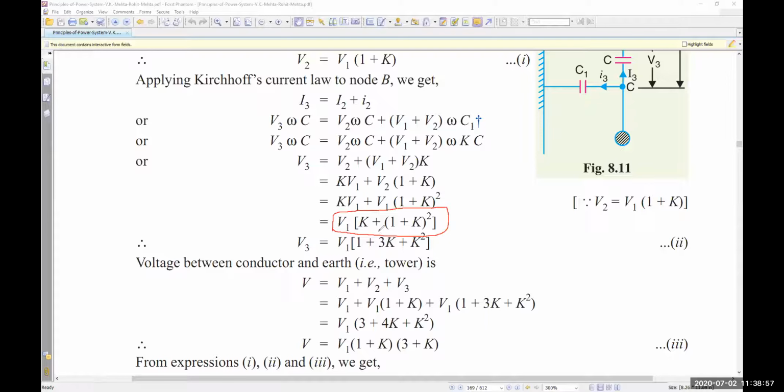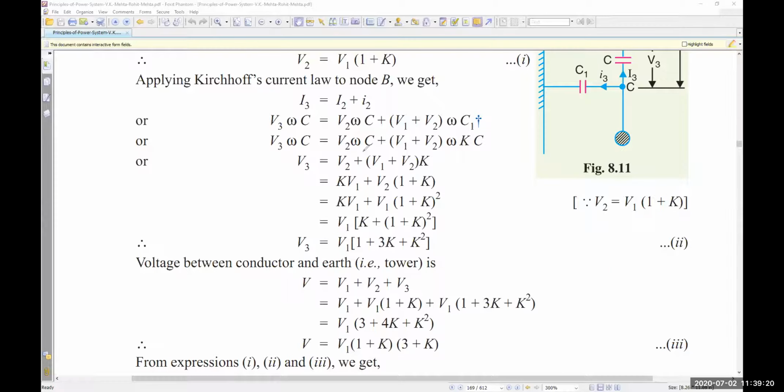Here you can see (1 plus K) square, you can use a formula: 1 square plus 2K plus K square, and you have one more extra K. So K plus 1 plus 2K plus K square. So can we write 1 plus 3K plus K square? Yes, sir. Okay, that is the V3.